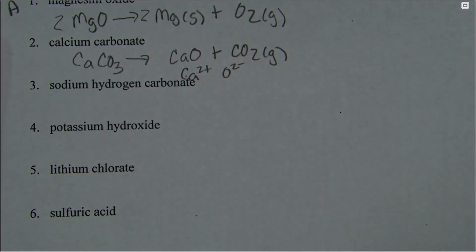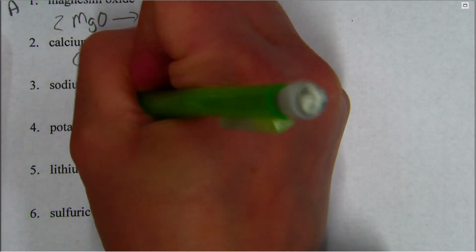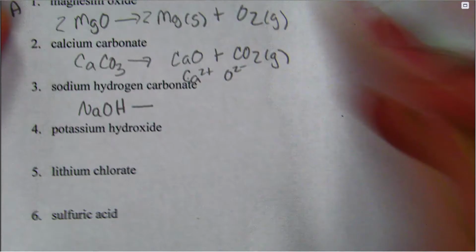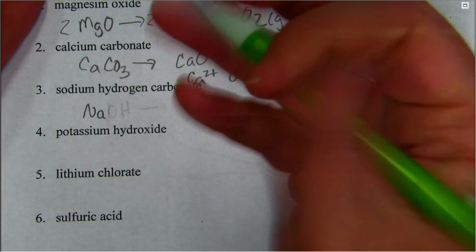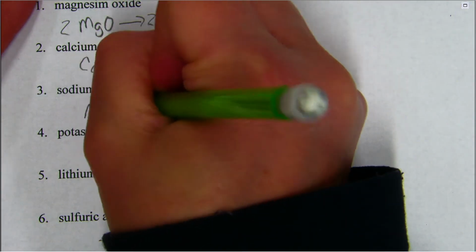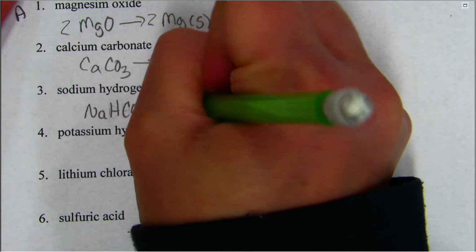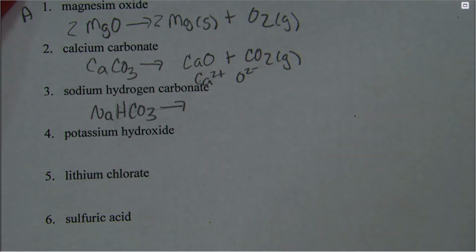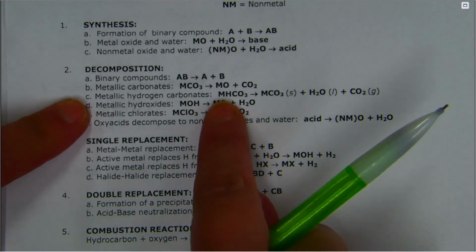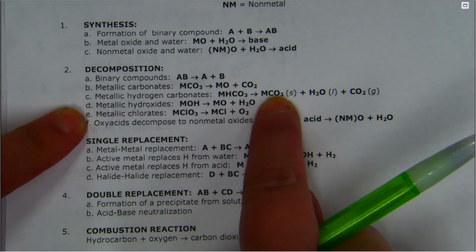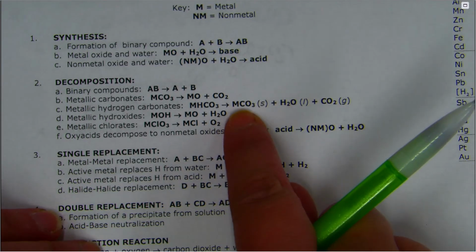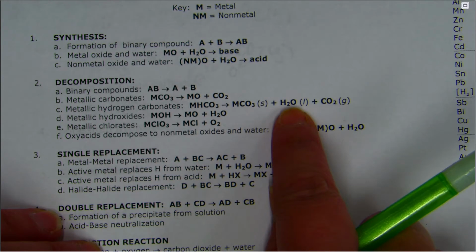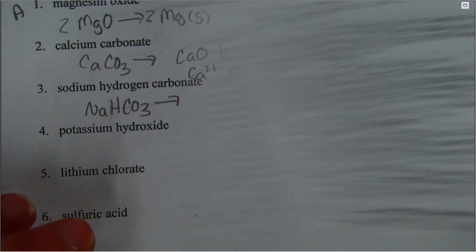Sodium hydroxide. Oh, I'm sorry. I don't know why I just read that as hydroxide. Sodium hydrogen carbonate. All right, so sodium hydrogen carbonate. This is going to be a type C. I'm going to break down into a metal carbonate, water, and a gas.